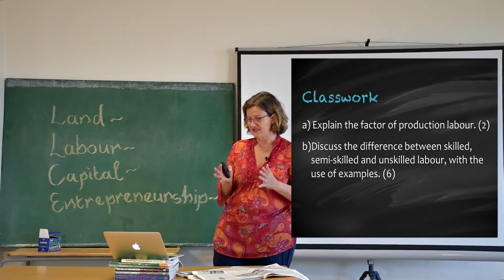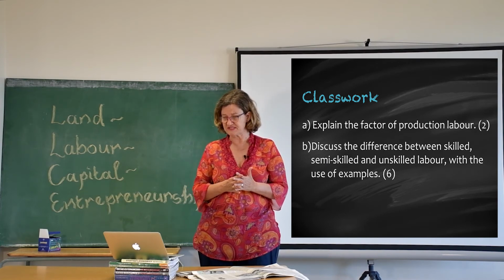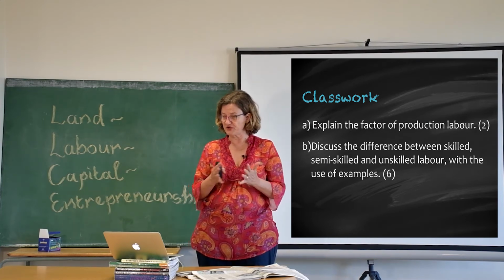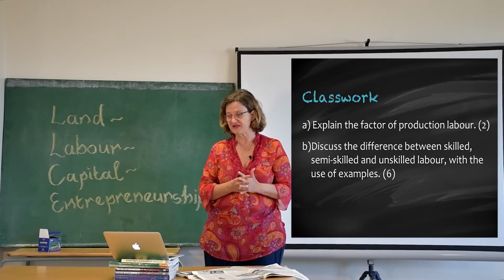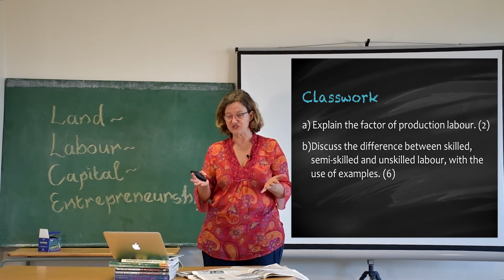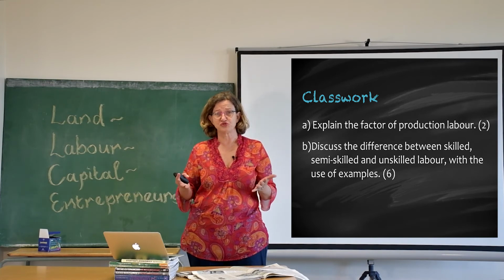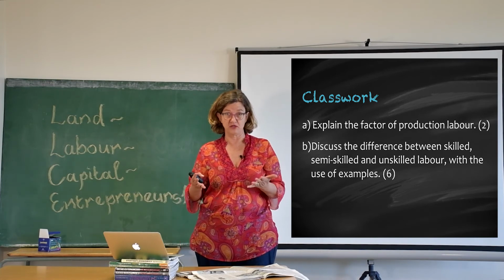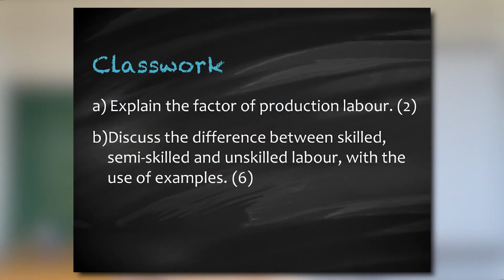Okay, here is classwork that you can use in your class. For example, I can ask a student, explain the factor of production labor. For 2 marks, you just say: the factor of production labor is a human resource.